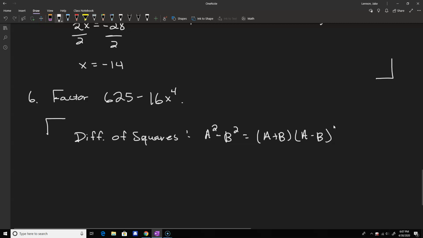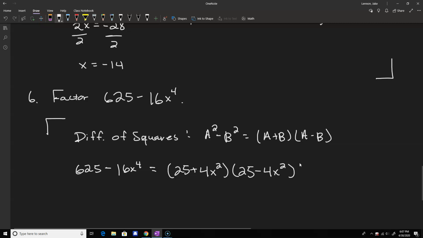So the important thing to recognize in the above is 625 is 25 times 25, and 16x to the fourth is 4x squared times 4x squared. So this will factor as 25 plus 4x squared times 25 minus 4x squared.